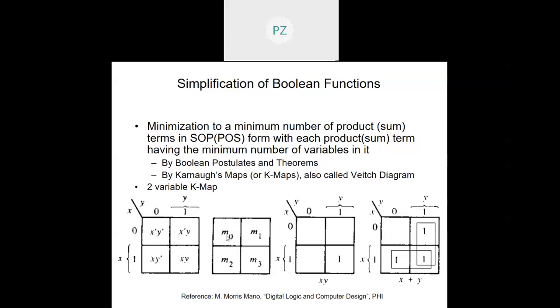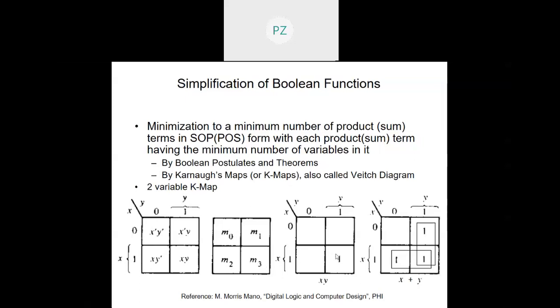So we all know that this is 0, 0 corresponding to the min term m0. This is min term m1 because this is 0, 1. This is min term m2, and this is m3 because it is 1, 1. Now suppose a function is given such that I just have m3 in it.